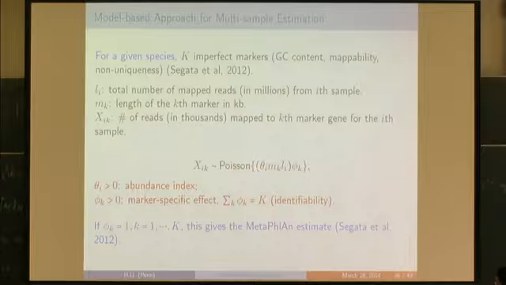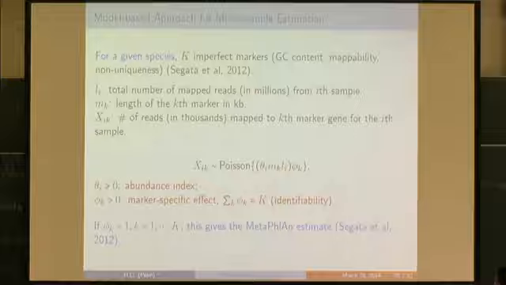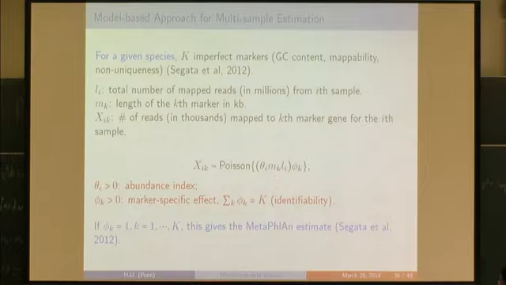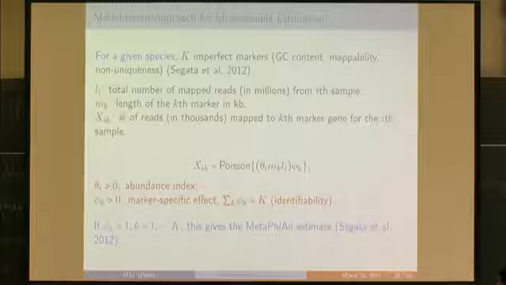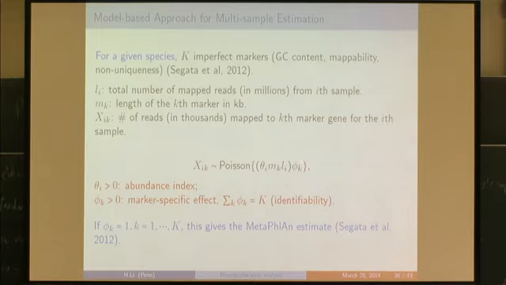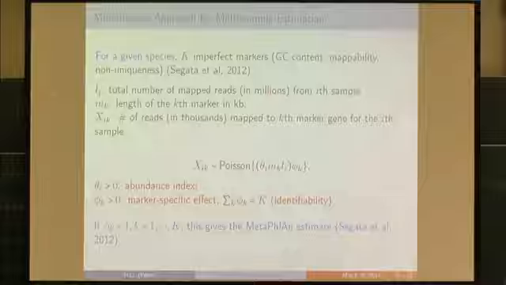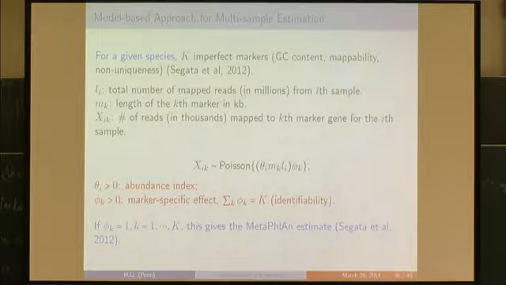Of course, this also depends on the total number of reads which can map to the markers, L_i. M_k is the length of that particular marker. But I have this parameter phi_k for the k-th marker. This is what we call the marker-specific effect, to account for the variability of the data you observe from marker to marker. So what you observe depends not only on the true abundance of the i-th individual, but also on which marker you're talking about.